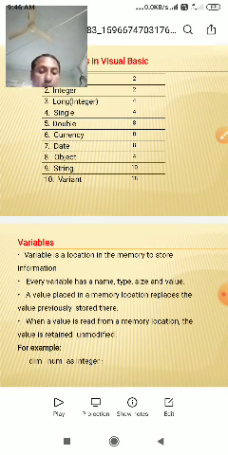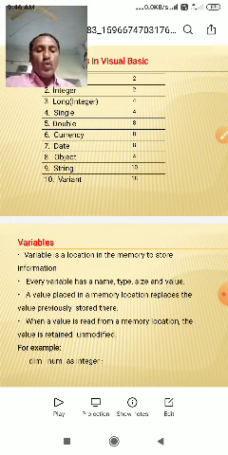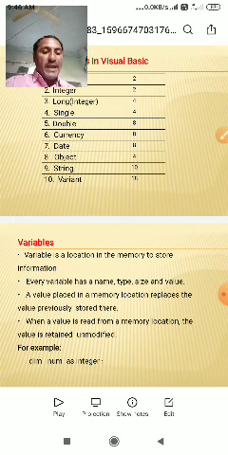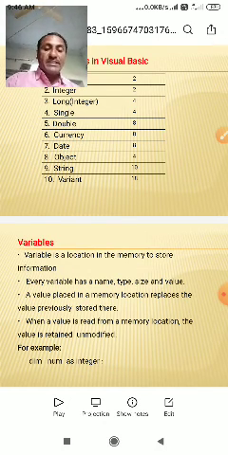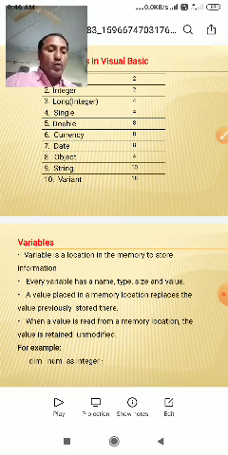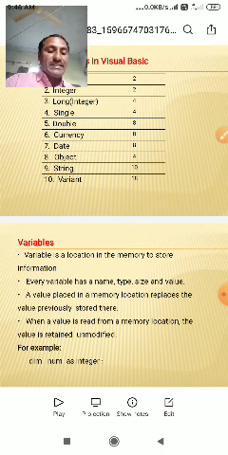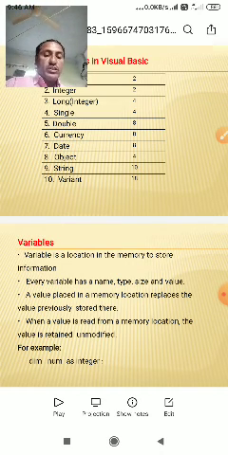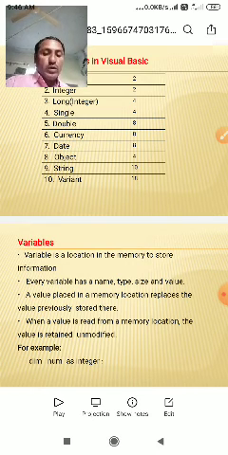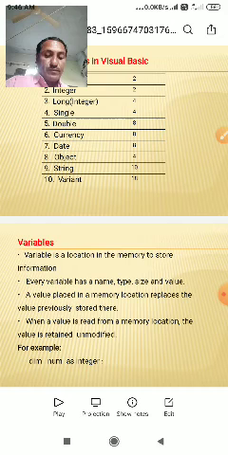Short integer is 2 bytes, with a range of minus 32,768 to 32,767. The unsigned short integer is 16 bits, which is 2 bytes.